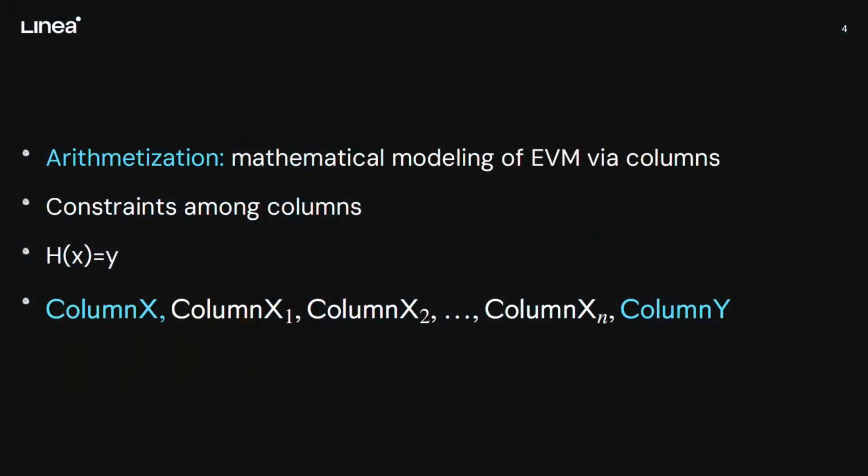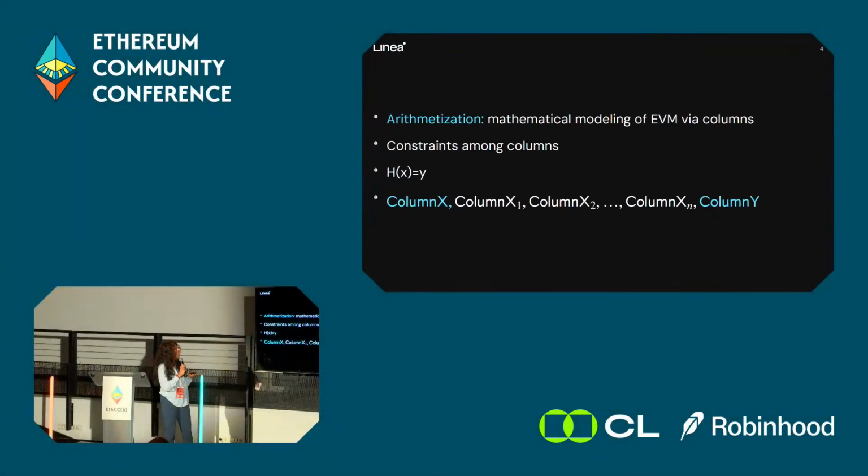As I mentioned, arithmetization is a mathematical modeling of EVM behavior in the language of columns and constraints between these columns. For example, if you have a function h, which receives input x and the output is y, you start with a column x, which encodes this input.